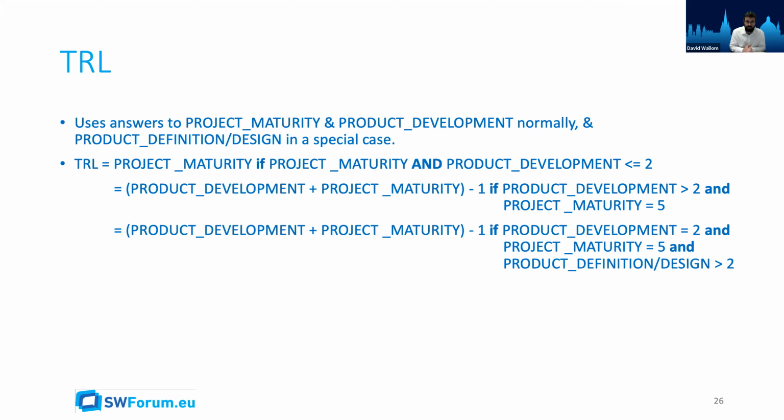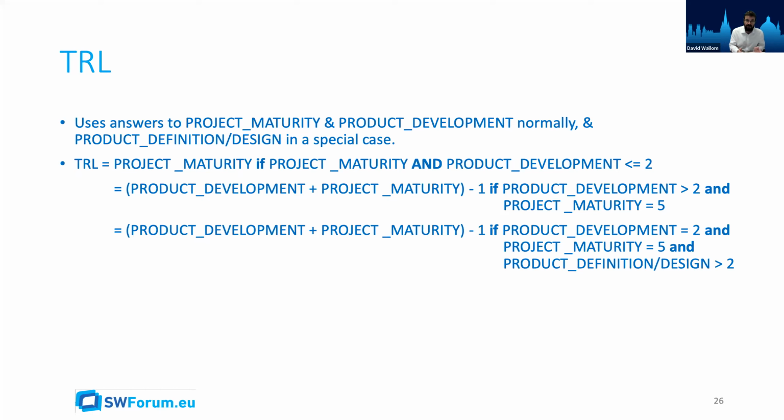And you can see here that if the project maturity answer is whatever that is, and the product development answer is less than or equal to 2, that means that's for low TRLs. That takes you from TRL 1 to 5.